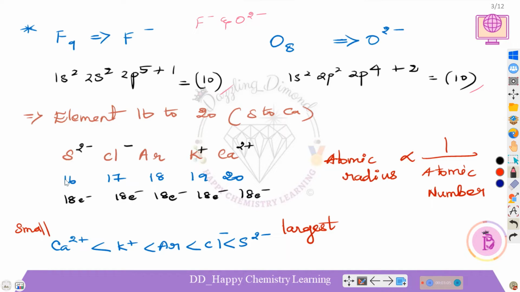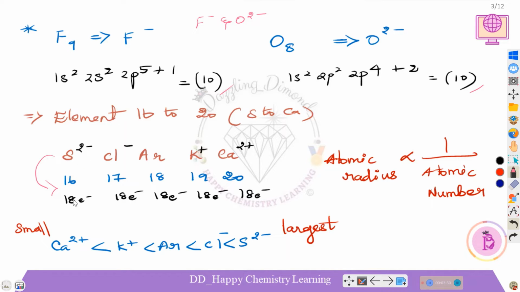So if it is charged, S2-, Cl-, argon with no charge, K+ and Ca2+, the corresponding electrons will be 18, 18, 18, 18, 18, right? So all these species are considered isoelectronic species. Okay, did you get my point?